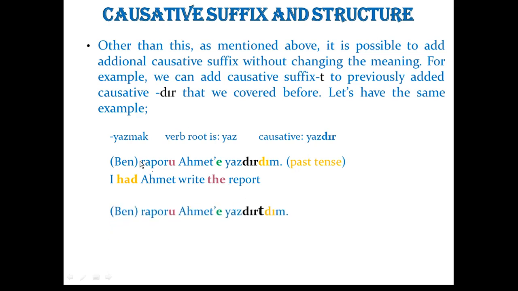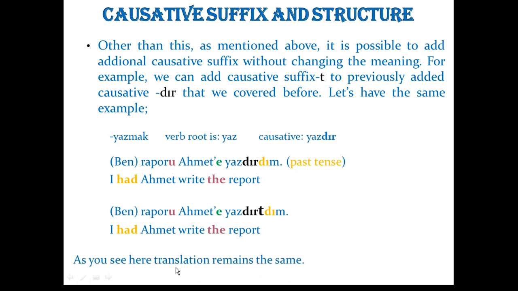I can use this sentence or make this sentence again in the same meaning by adding double causative suffix t and making it ben raporu Ahmet'e yazdırttım. So again the meaning remains the same as I had Ahmet write the report.